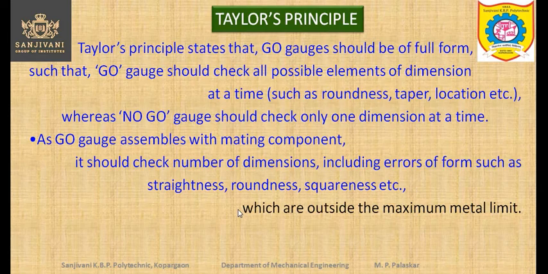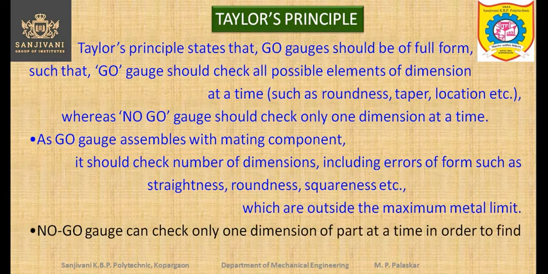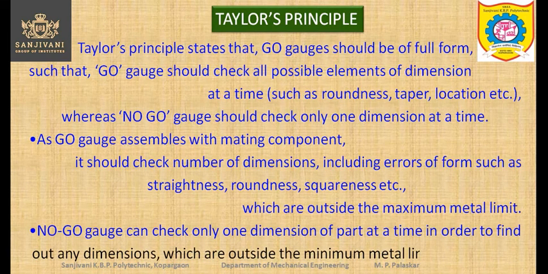So if the material lies outside the requirement, if we have errors like straightness, roundness, or squareness due to the presence of material outside the maximum metal limit, then the go gauge cannot be inserted. In this way the go gauge can check the other parameters also, whereas the no-go gauge can check only one dimension of a part at a time, in order to find any dimensions which are outside the minimum metal limit.